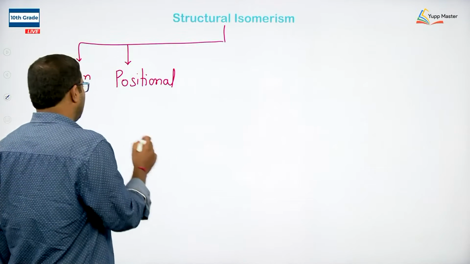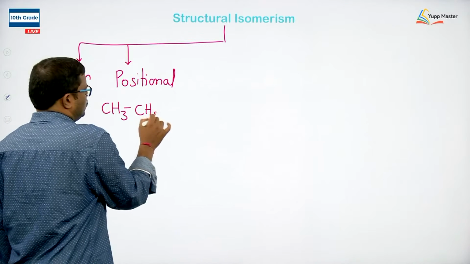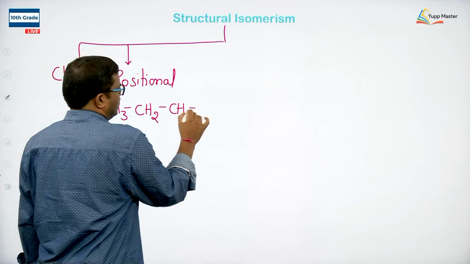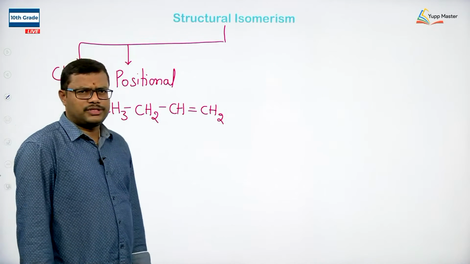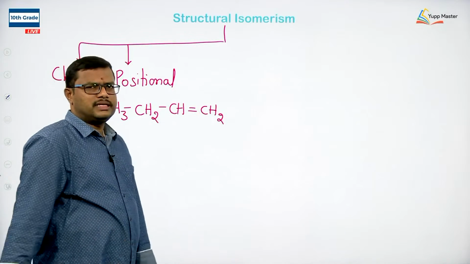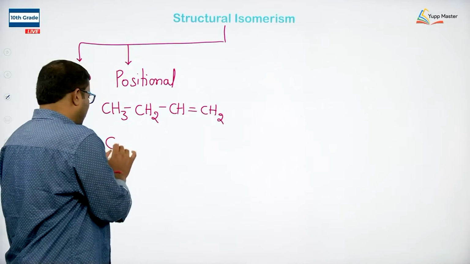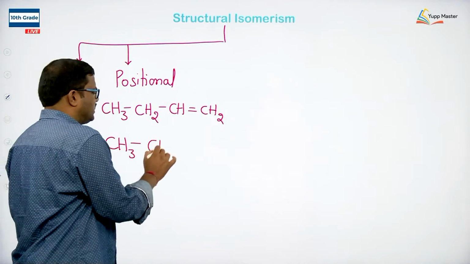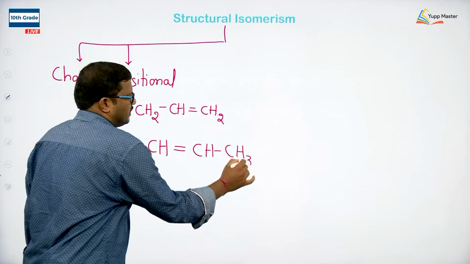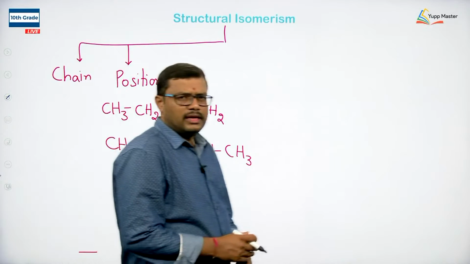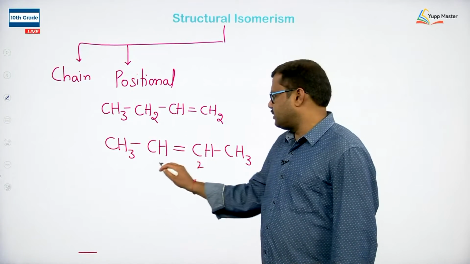For example, take CH3, CH2, CH double bond CH2. If you observe the double bond position, here the double bond is present between the first and second carbon atoms. We can write one more isomer as CH3, CH double bond CH, CH3. Now the double bond is between the second carbon and third carbon.